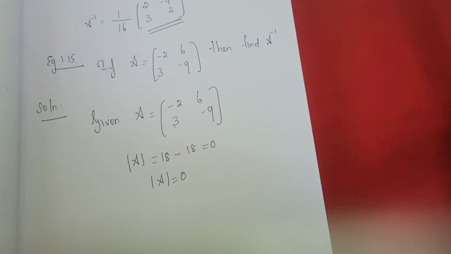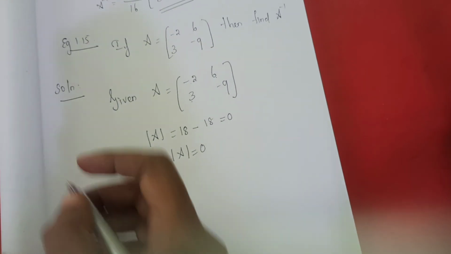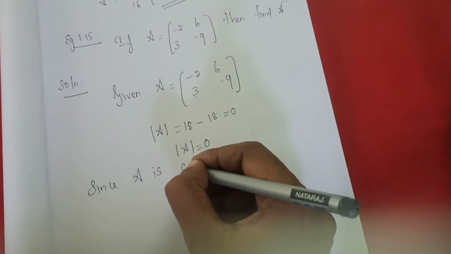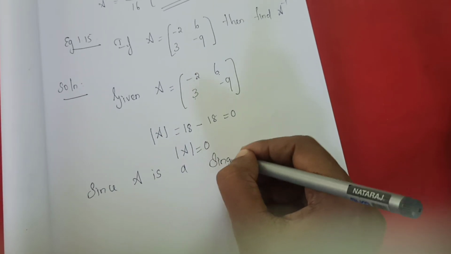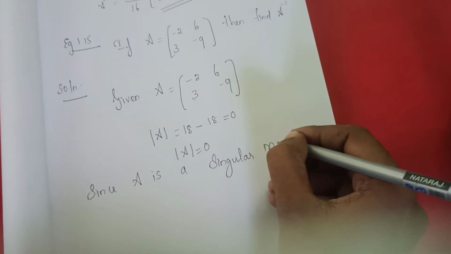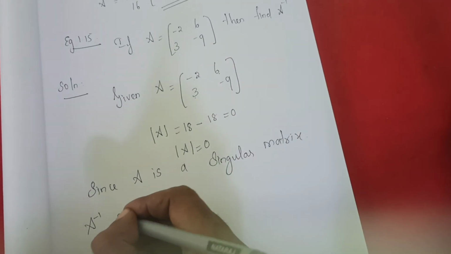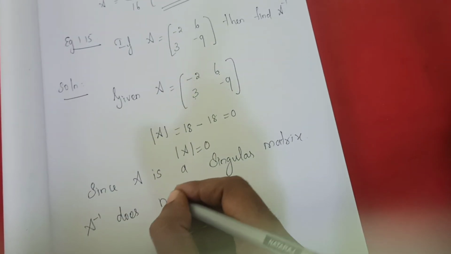Now, as I have said, if the determinant of A is equal to 0, then the inverse won't exist. Is it right? For non-singular matrices alone, the inverse will exist. If it is a singular matrix, it won't exist. So how will you conclude the answer? Since A is a singular matrix, A inverse does not exist.